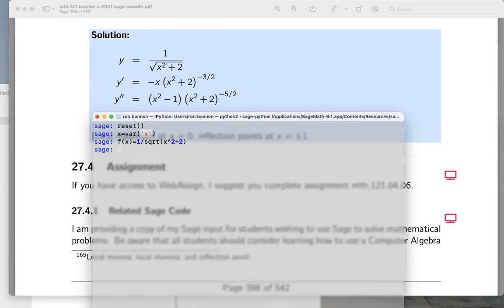And I'm going to do the first derivative. So df of x is equal to diff of f of x with respect to x.